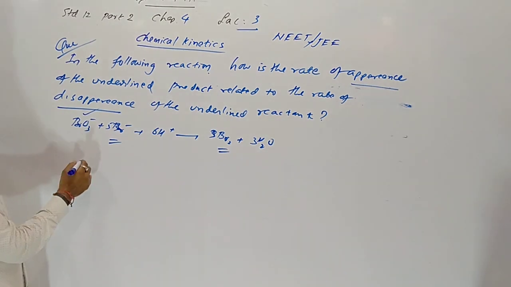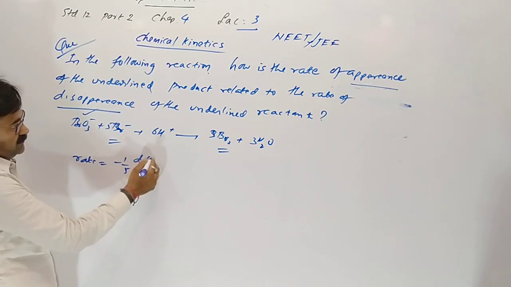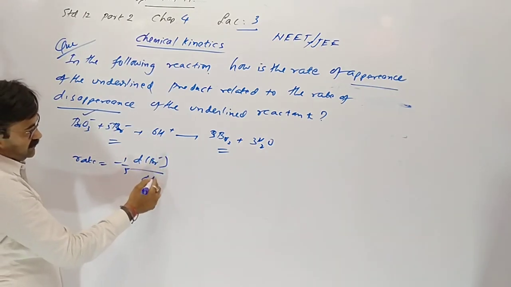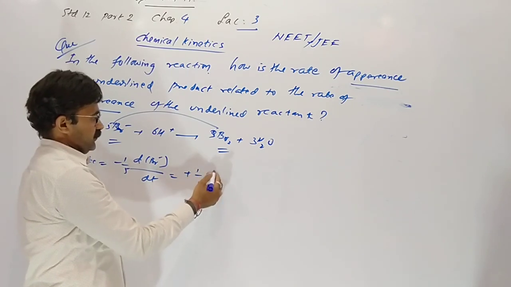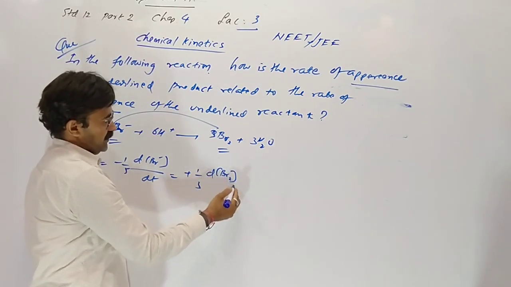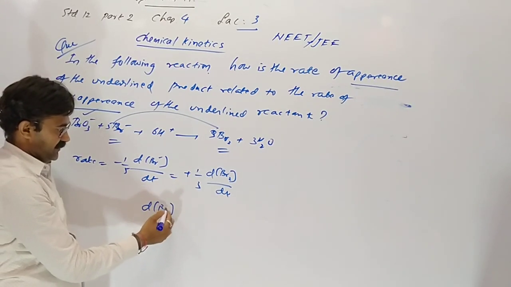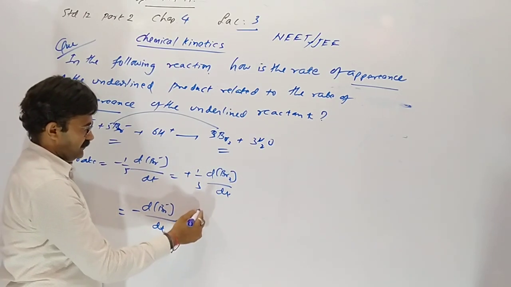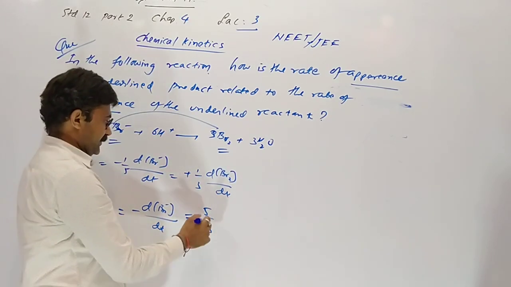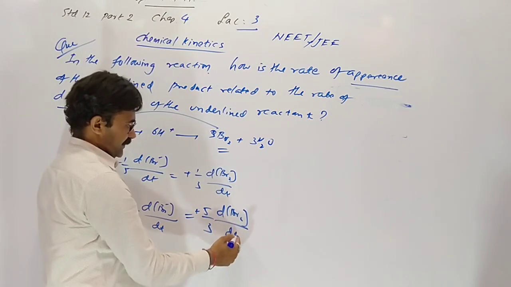So we know rate equals minus 1 by 5 d[Br minus] upon dt equals plus 1 upon 3 d[Br2] upon dt. So for the appearance rate, 5 comes here, so 5 by 3 d[Br2] upon dt.